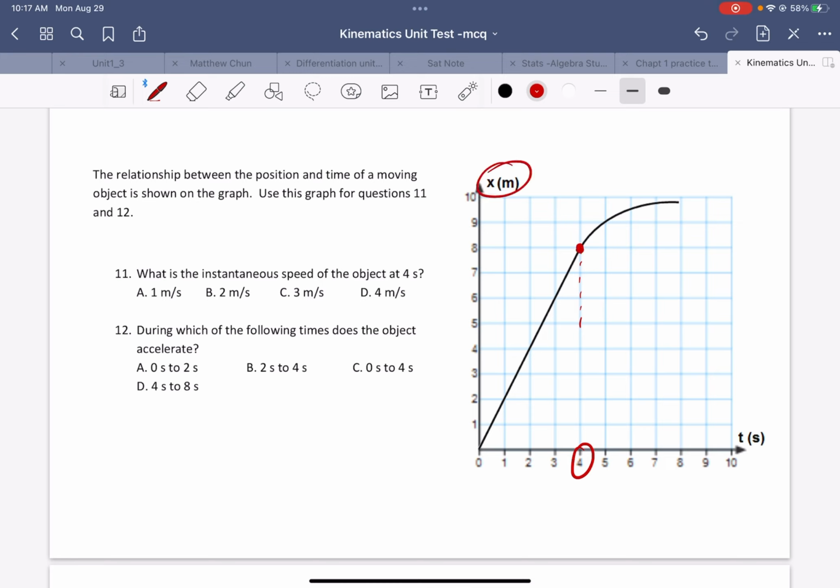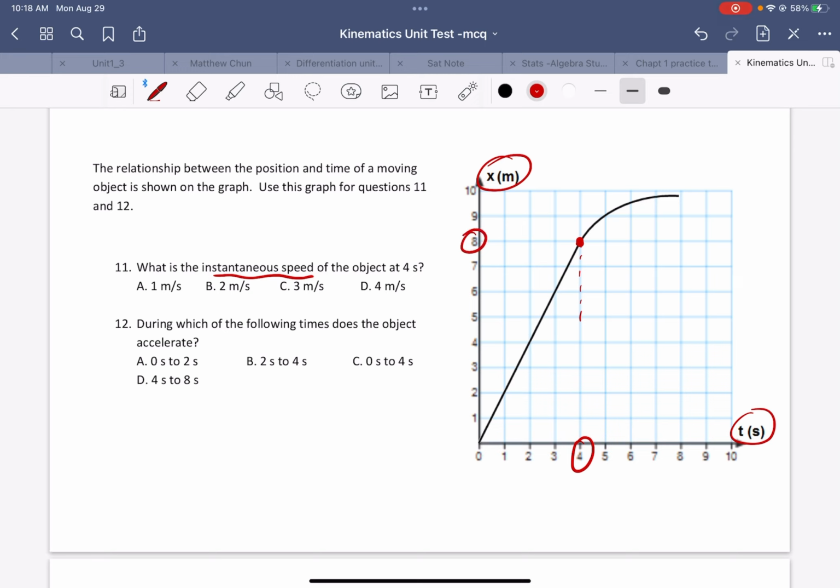This is a position graph, so your slope will be the instantaneous speed. What is the slope there? At that moment, it's rise over run. So 8/4, which is 2 meters per second. That's the moment when it reaches 4 seconds. Then the speed should be 2 meters per second.